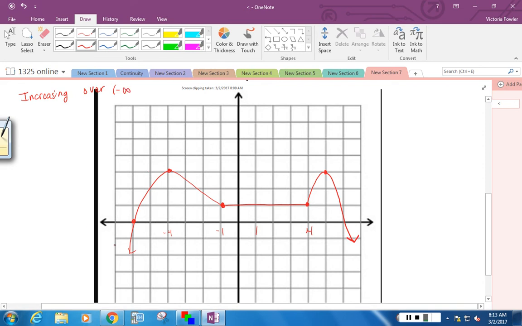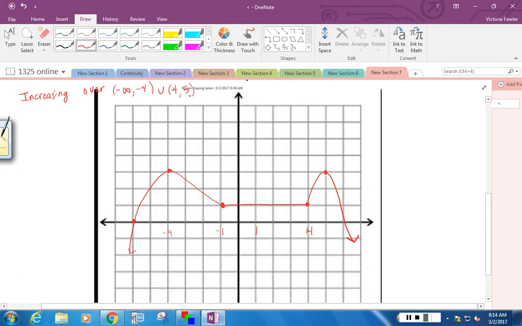The x value is negative infinity all the way to -4. And then let's look again and see where else we are increasing. So my graph is going up from left to right from the interval 4, and it looks like to 5.